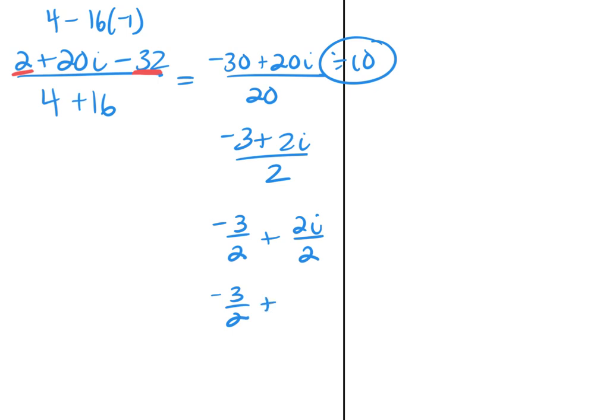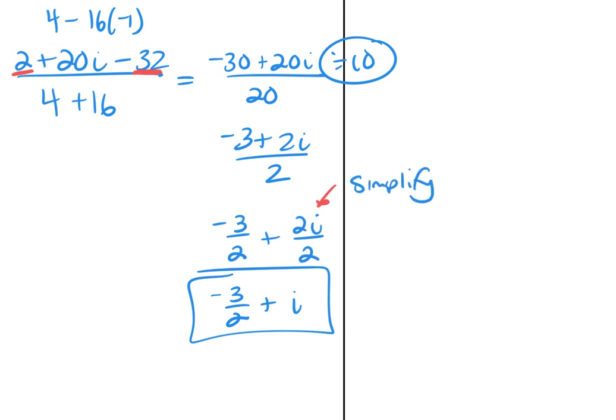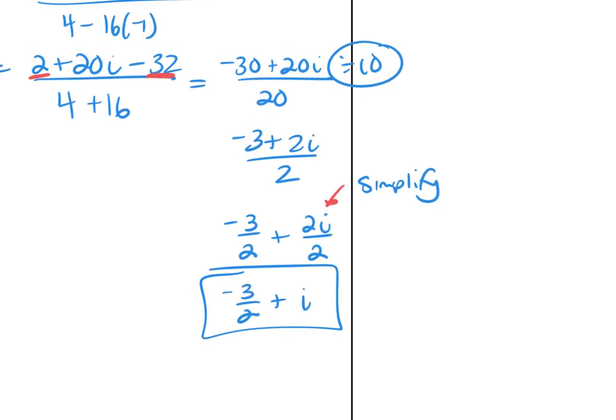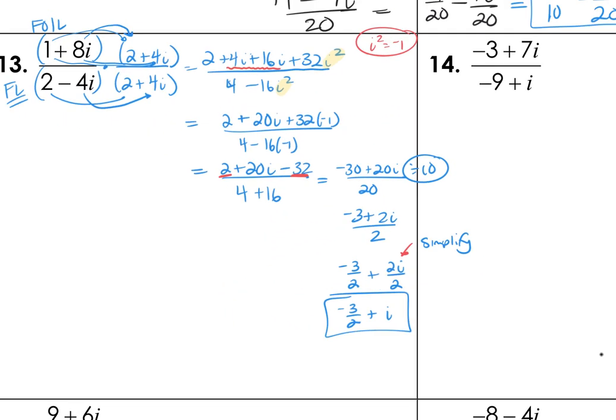We can't simplify negative 3 over 2, but I could simplify this. 2 over 2 is 1, so it's just going to be 1i, or i. So the simplifying part is a little different because you do need to look at each question individually to see if you can simplify stuff.